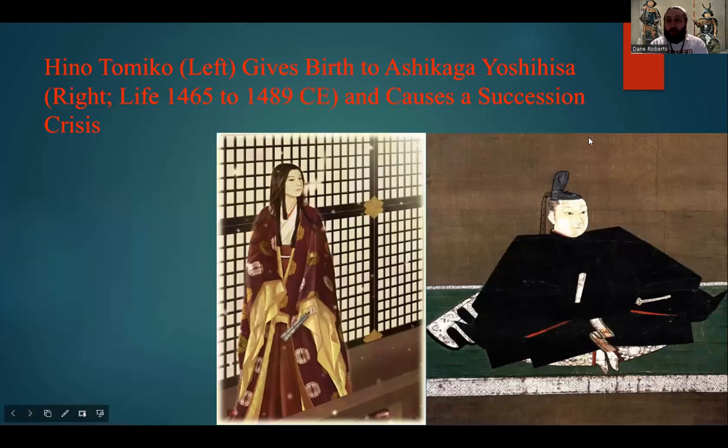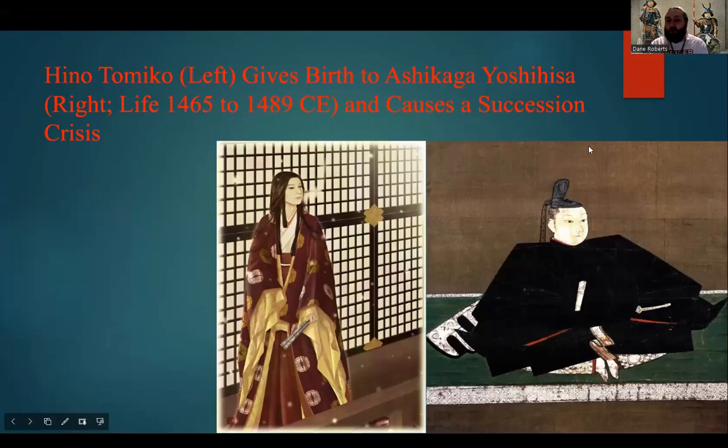This, at least for a little while, held the kingdom together. However, eventually the sort of queen regent, the head concubine, the lover, whatever you want to call her, queen regent fits the best, Hino Tomiko, gave birth to an heir for Ashikaga Yoshimasa, Ashikaga Yoshihisa, who was born in 1465 CE.